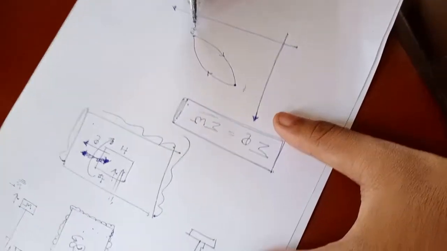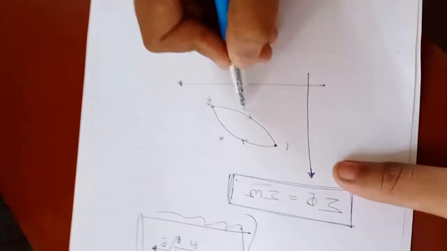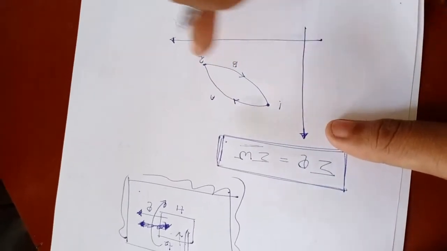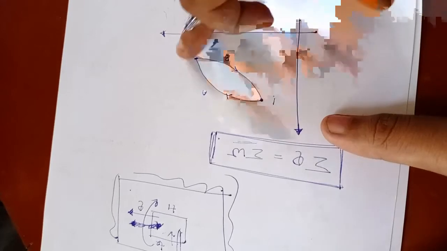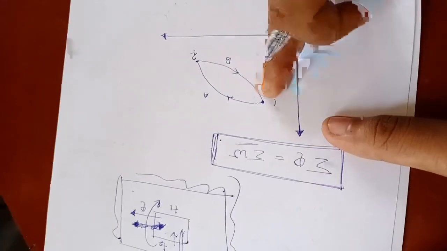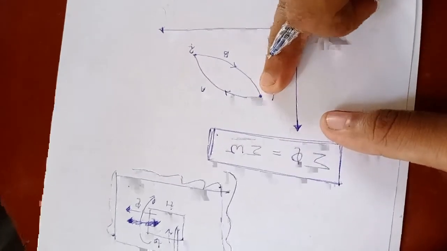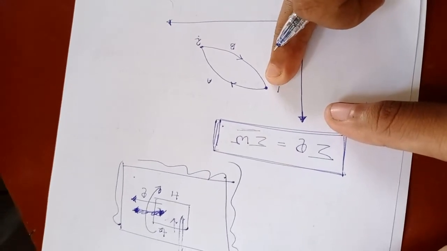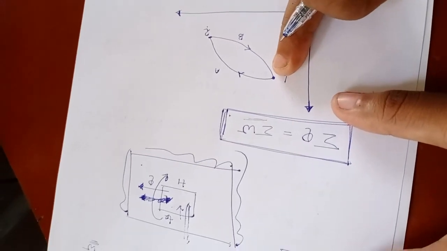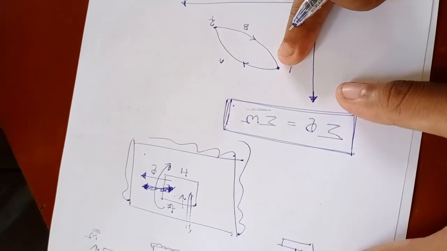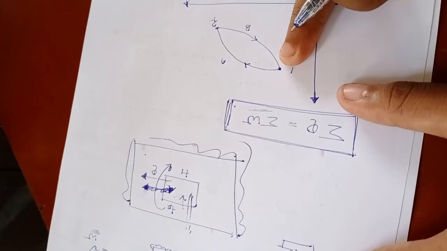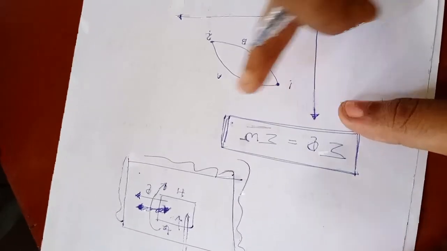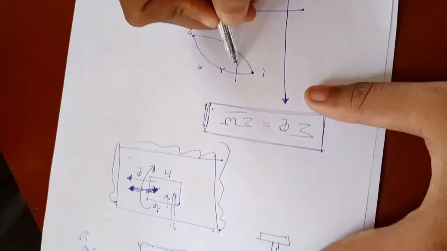The system is going from state 1 to state 2 through path A and returning to state 1 again from 2 to 1 through path B, and its initial and final conditions are identical. That means it is a thermodynamic cycle. So as per the first law of thermodynamics, all the heat transfer is the same as all the work transfer during this cyclic process.